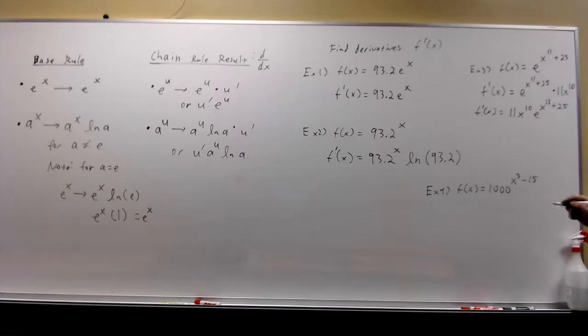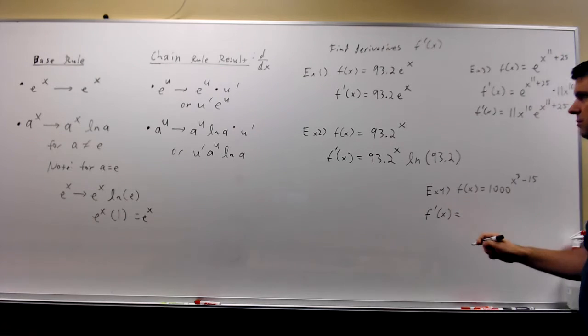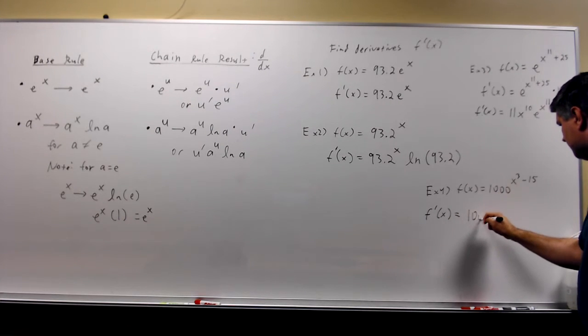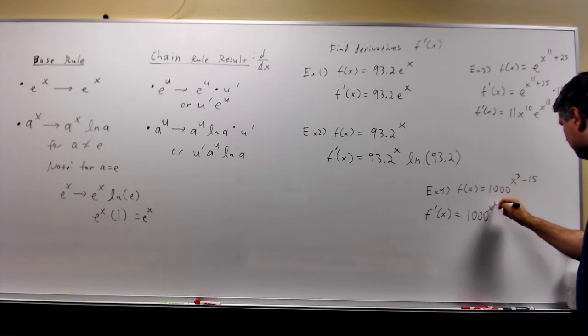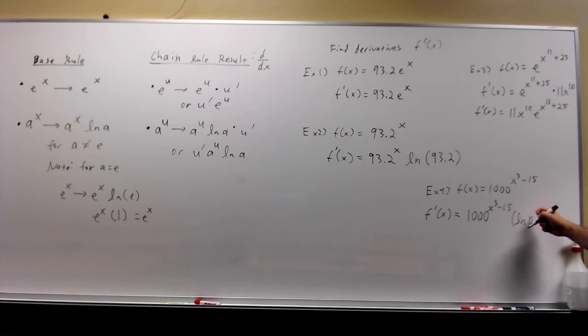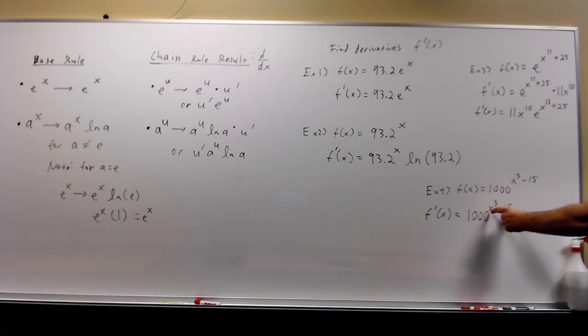Well, that's going to be f prime of x equals, you're going to have the original exponential expression and then you're going to have the natural log of your base, so natural log of 1,000, times the derivative of whatever this was.